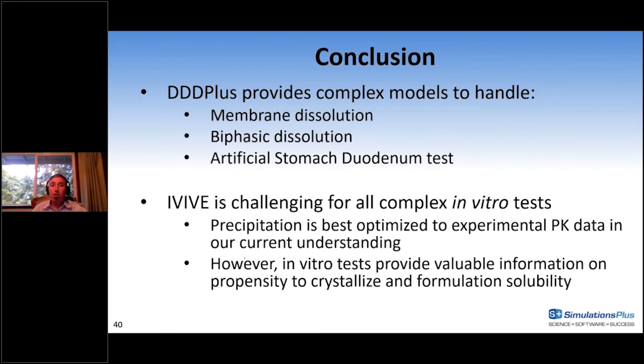But in terms of in vivo predictions for precipitation, they tend to be very poor in our experience. And hopefully in the future, we will crack this nut, I guess you could say, and really improve our IVIVE predictions for precipitation. So that's all I had to go through today.